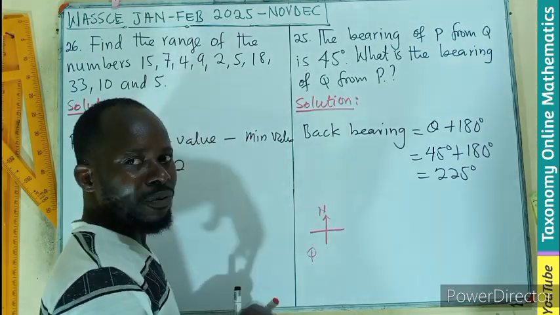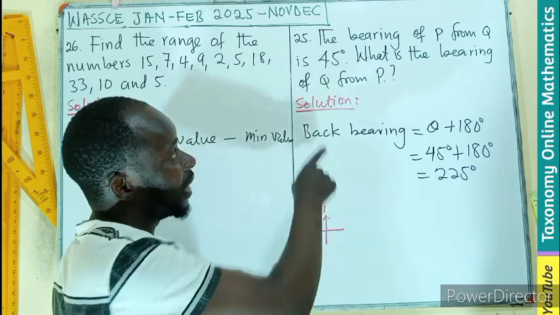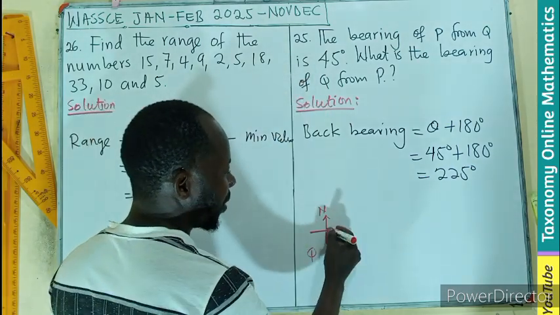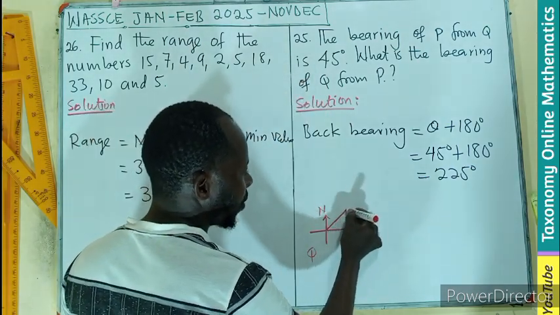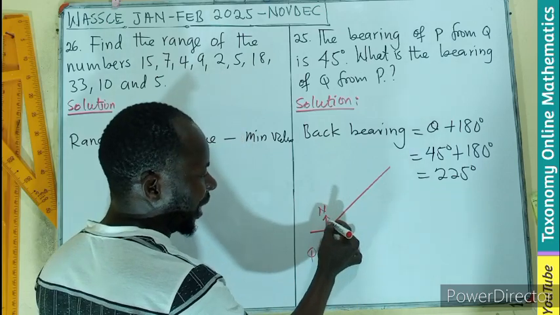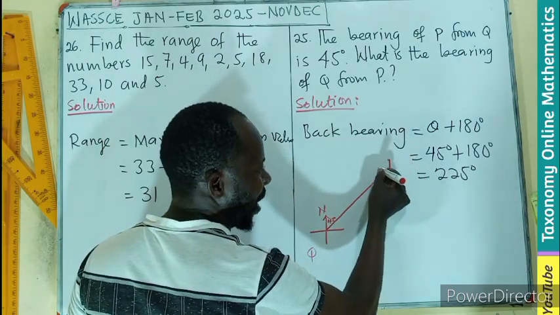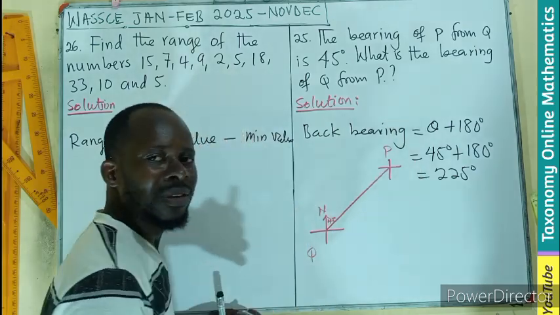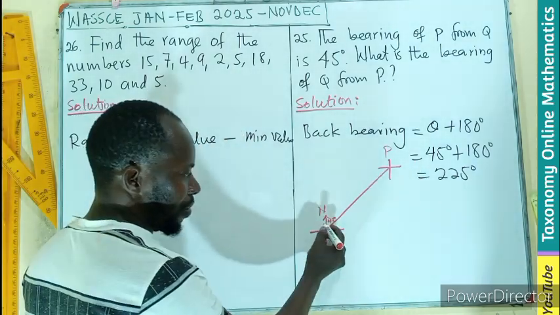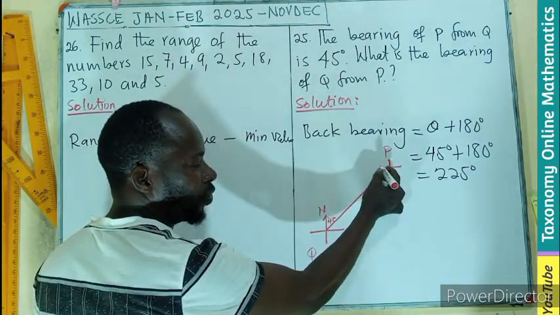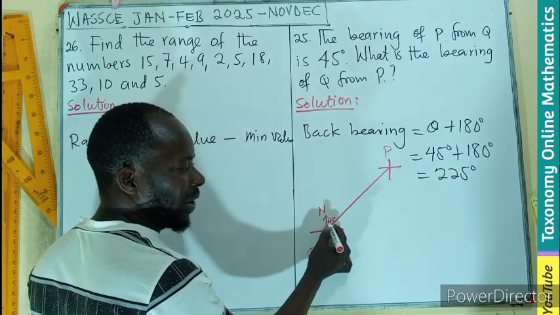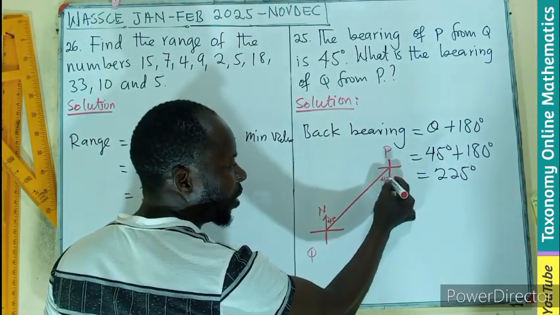We are going to read from the north until we get what? 45 degrees. So this angle here is 45 degrees. Then we are now at where P is. Remember, this line is parallel to this line. So if the angle here is 45, here will be what?